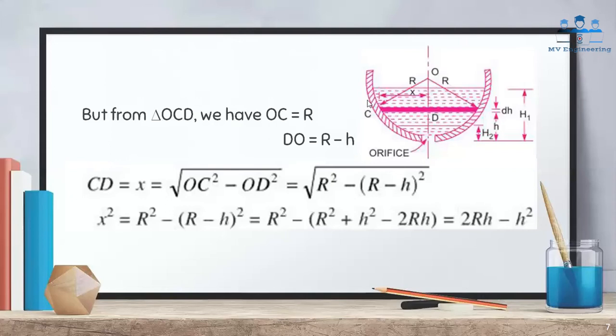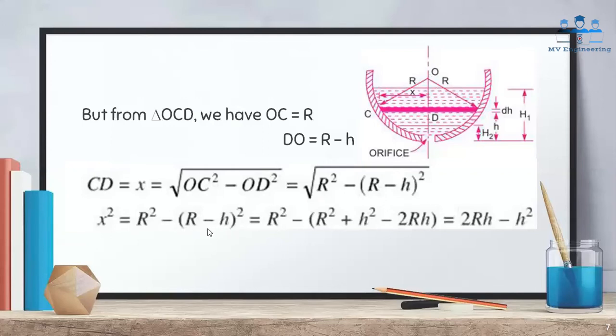Now using Pythagoras theorem in this triangle OCD, the hypotenuse square will be equal to the sum of squares of the other two sides. So we have x, the distance CD, equal to under root of OC square minus OD square, where OC is R square and OD is R minus h the whole square. So that is x square equal to R square minus (R minus h) the whole square.